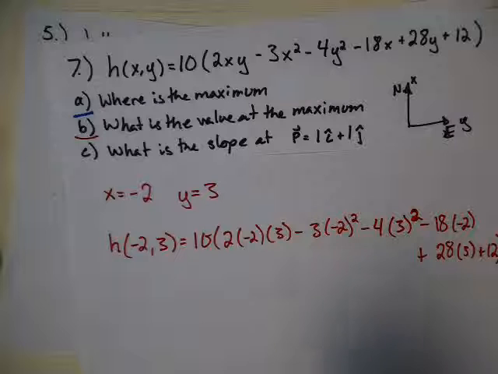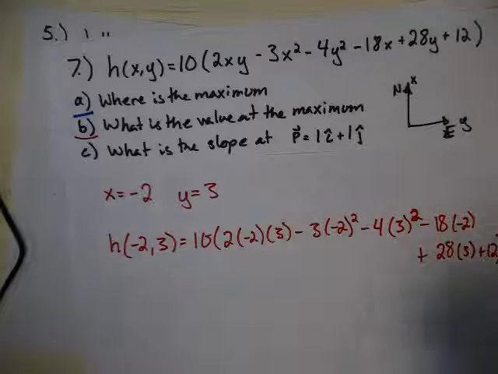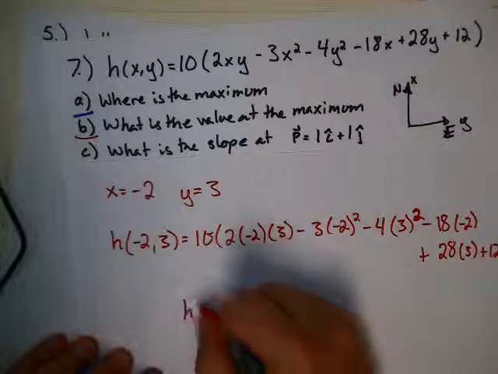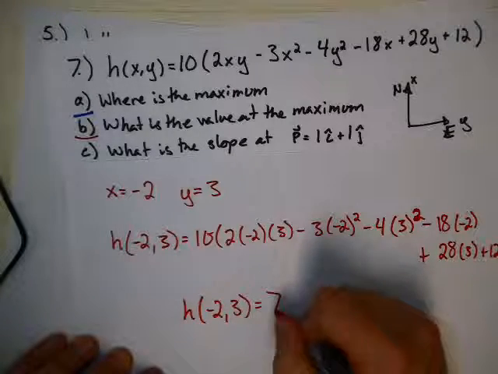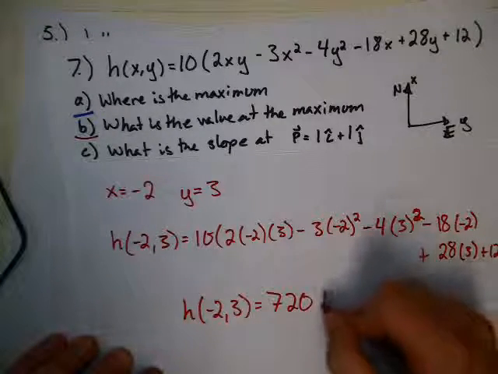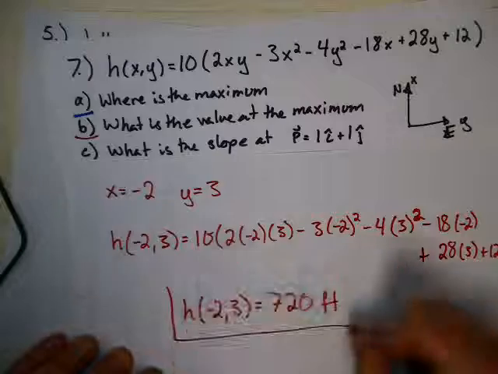We can simply grab a calculator and plug all of that in, and in the end we are going to find that h of minus 2, positive 3 is equal to 720 feet.